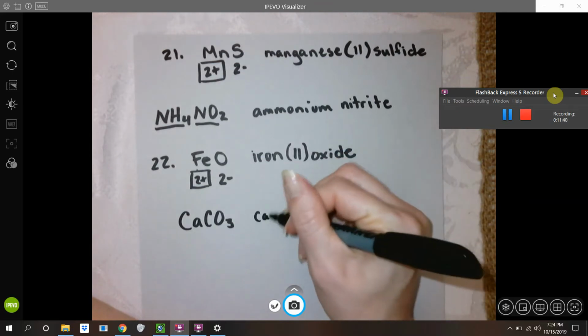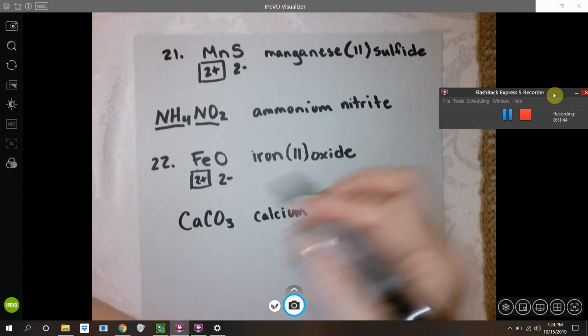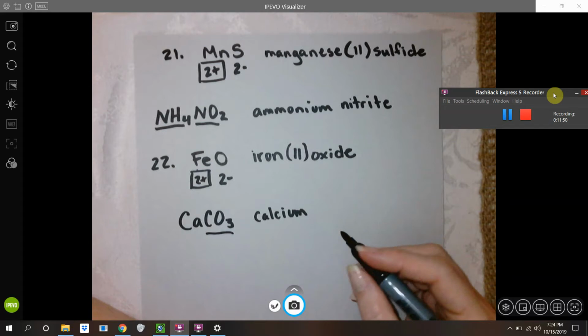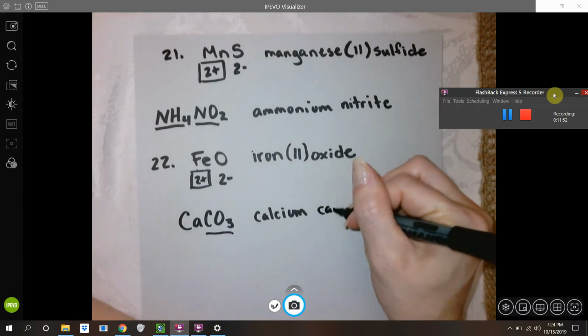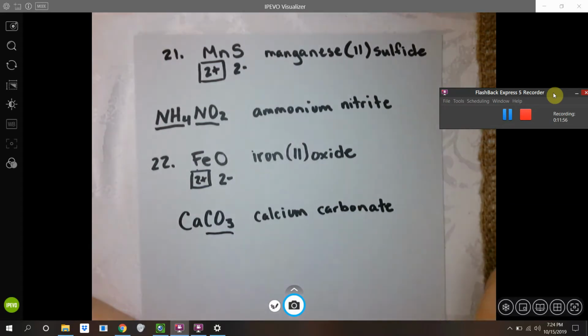We'll call it calcium. Don't have to worry about the charge. And then CO3 is on your list. It is called carbonate, ATE. There we have it.